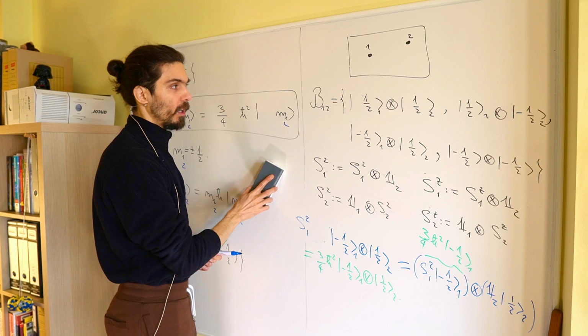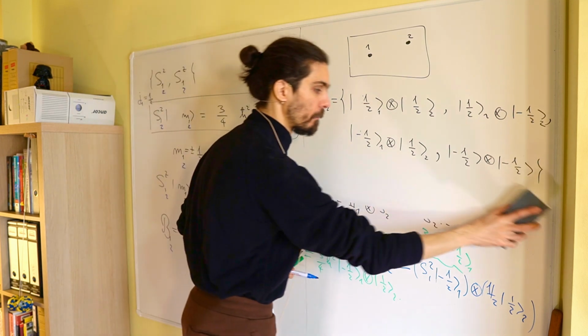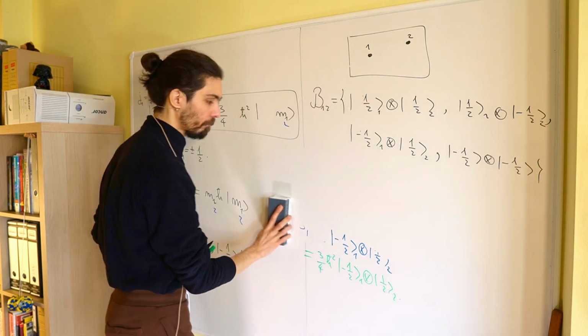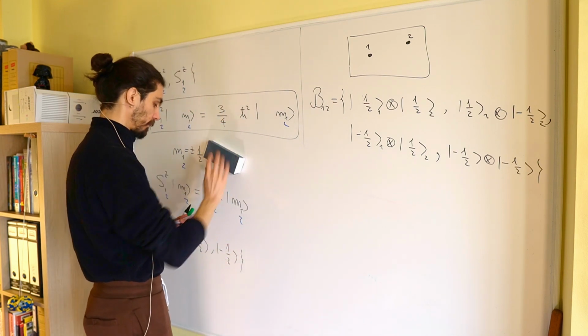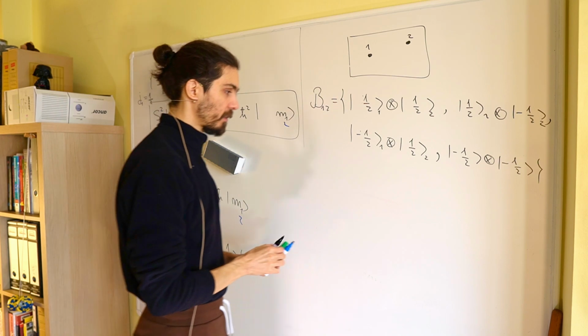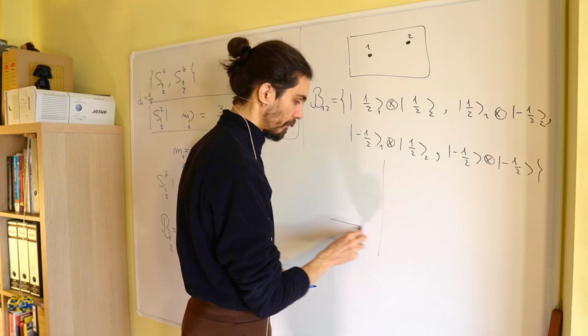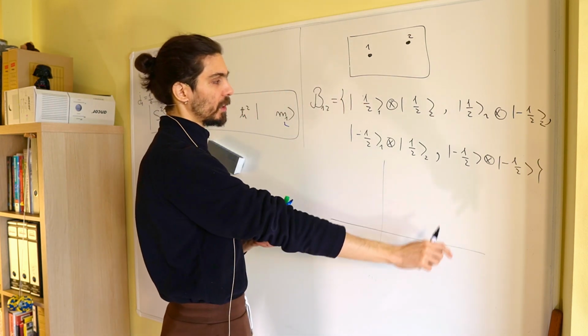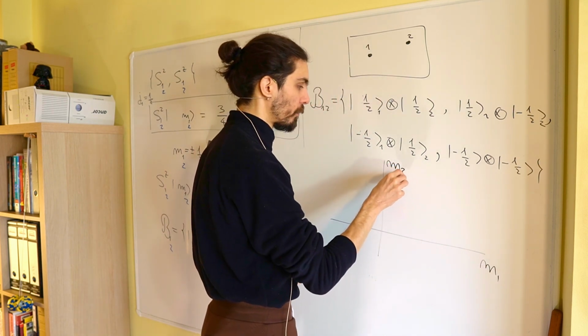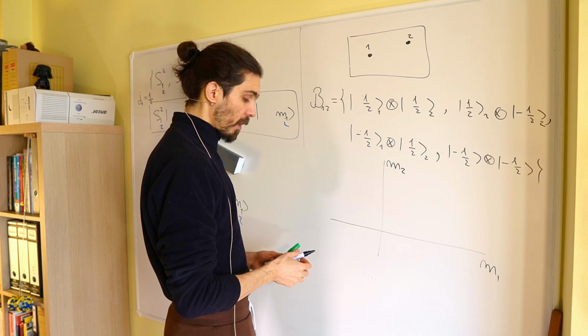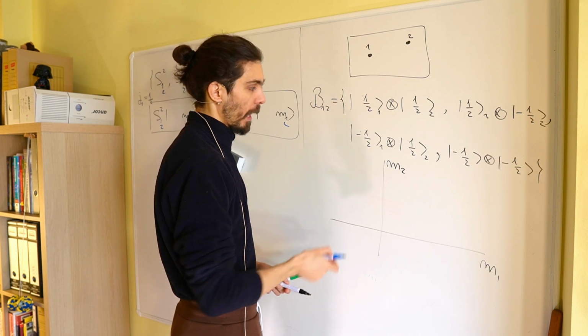Okay, so let's do the picture. The picture that represents our basis essentially, and that picture is quite easy to see. On the horizontal axis, I'm going to put M1. On the vertical one, I'm going to put M2. So what values do M1 and M2 take?